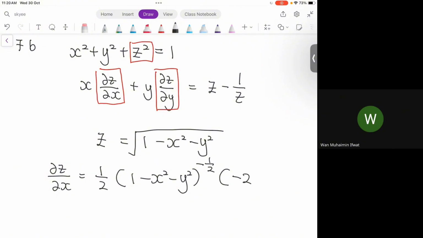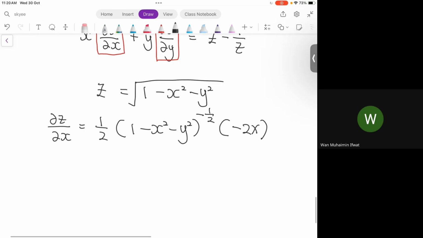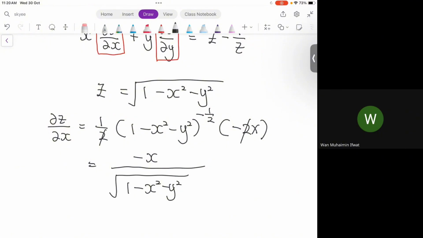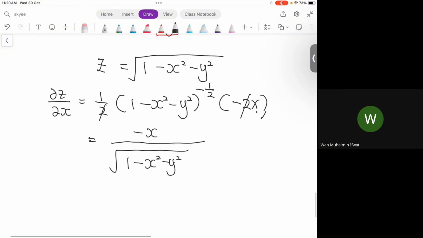You get negative 2x. So this is the del z del x. You could simplify it. You get negative x over the square root of 1 minus x squared minus y squared.